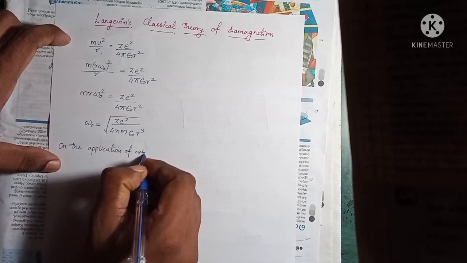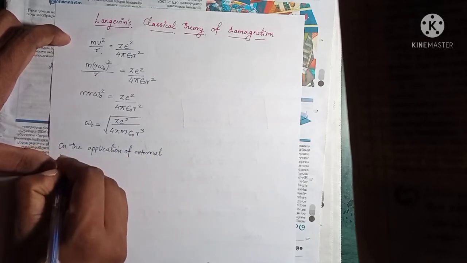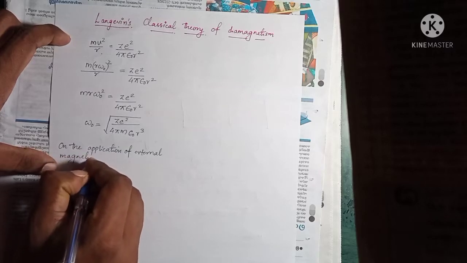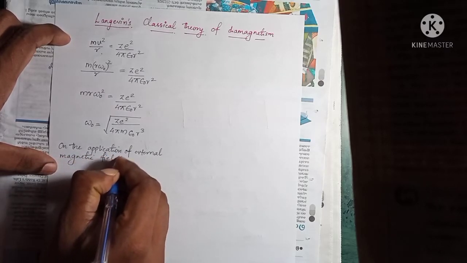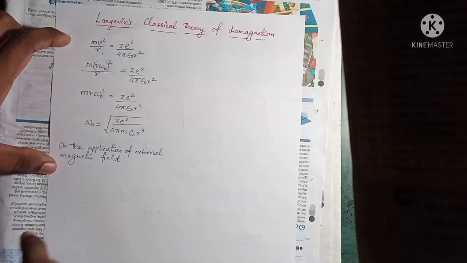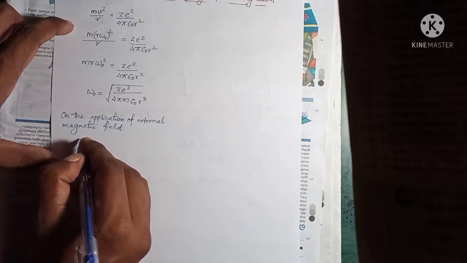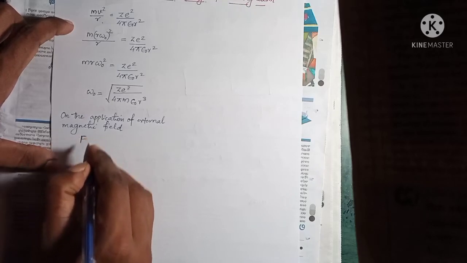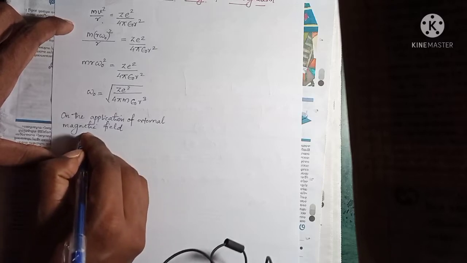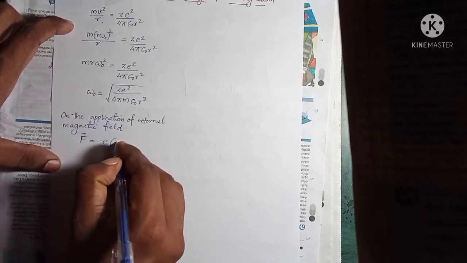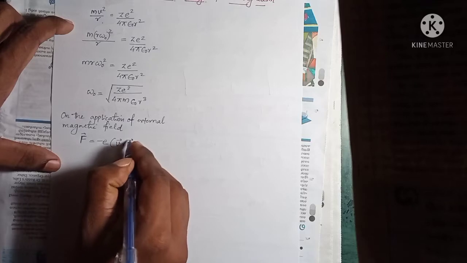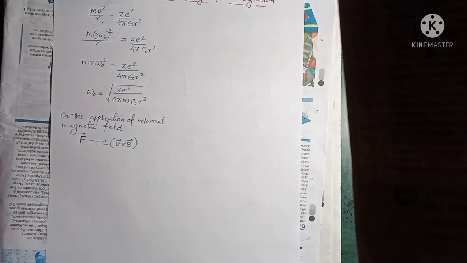On the application of external magnetic field, the Lorentz force is given by F equals minus e times v cross B, where v is the velocity of the electron and B is the external magnetic field, and e is the electronic charge. Negative sign is due to the negative charge of the electron.